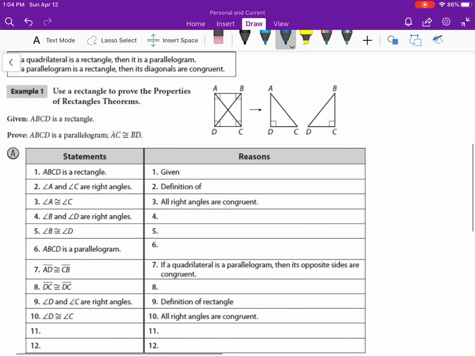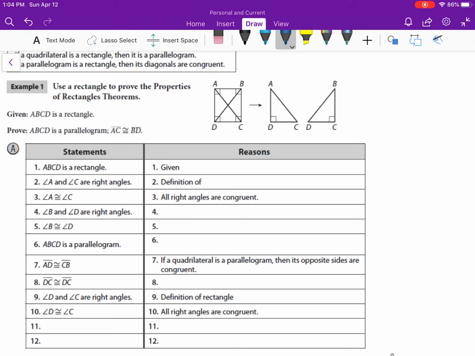As we're looking here at this parallelogram, ABCD, we want to prove it's a rectangle. Well, we're told it's a rectangle. We want to prove it using those two theorems. So first, we look at this proof by going through this statement.